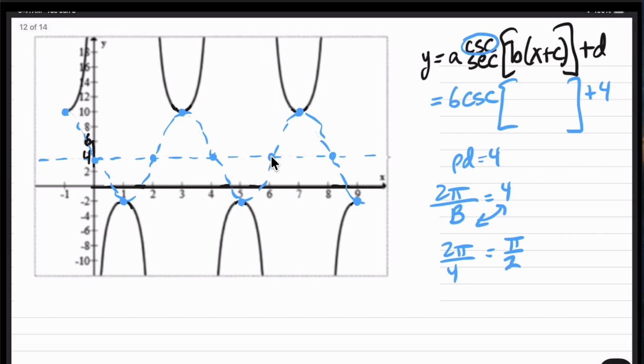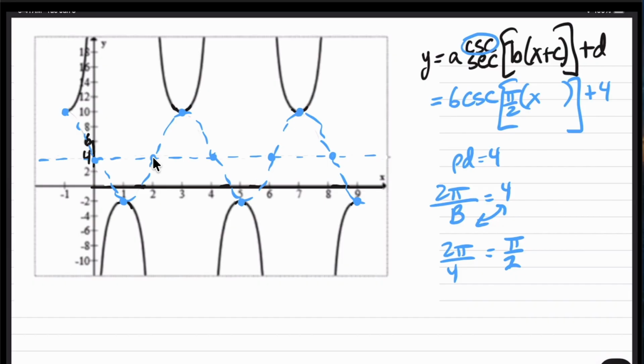pi over 2. Okay, finally, we're going to look at our phase shift, and just like with the tangent and cotangent functions, what we look at is going to be unique dependent on which graph we're using. So if we're using the sine graph, recall the parent sine graph starts at x equals 0 at the middle. So that's what we're going to use here.